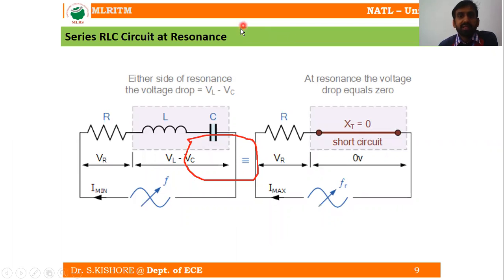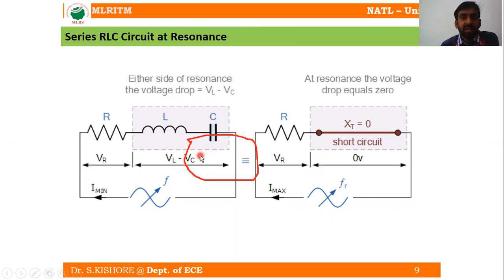Before that, let us consider a series RLC circuit. On either side of the resonance, the voltage drop is going to be equal to VL minus VC, because the net reactance is XL minus XC.